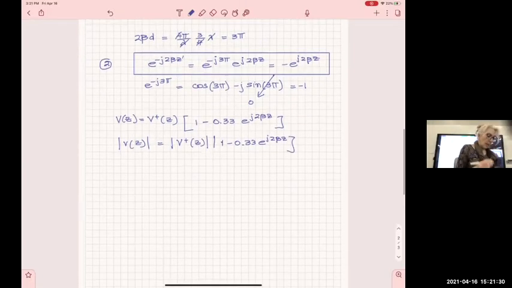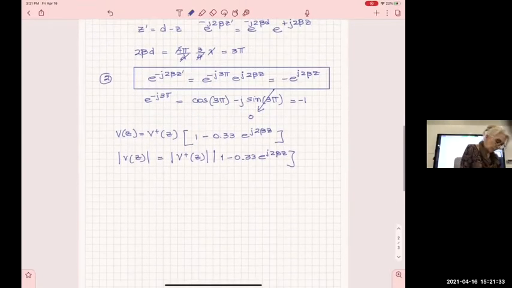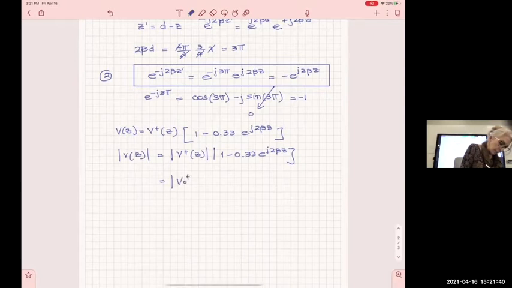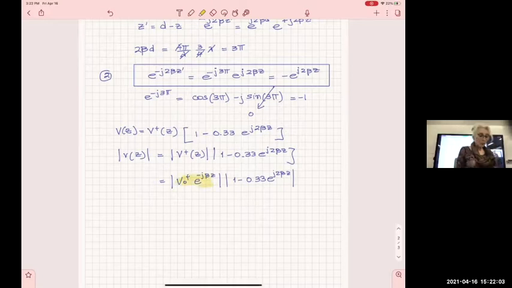All right? Let's plug it in. How much is V plus of z? It is V naught plus e to the minus j beta z. And 1 minus 0.33 e to the j 2 beta z. This is a product here. You see that one? It's a product of two numbers. One is a complex exponential, the other is a constant.